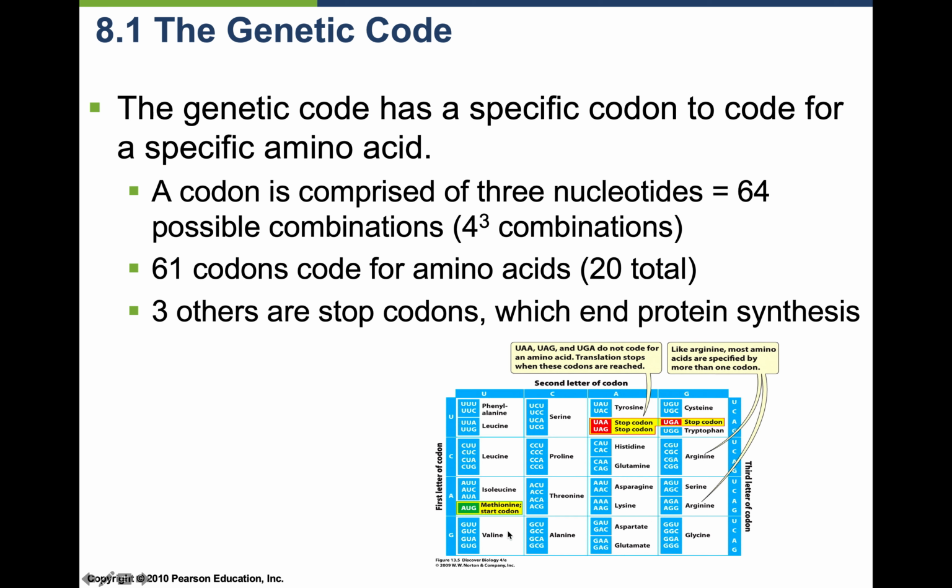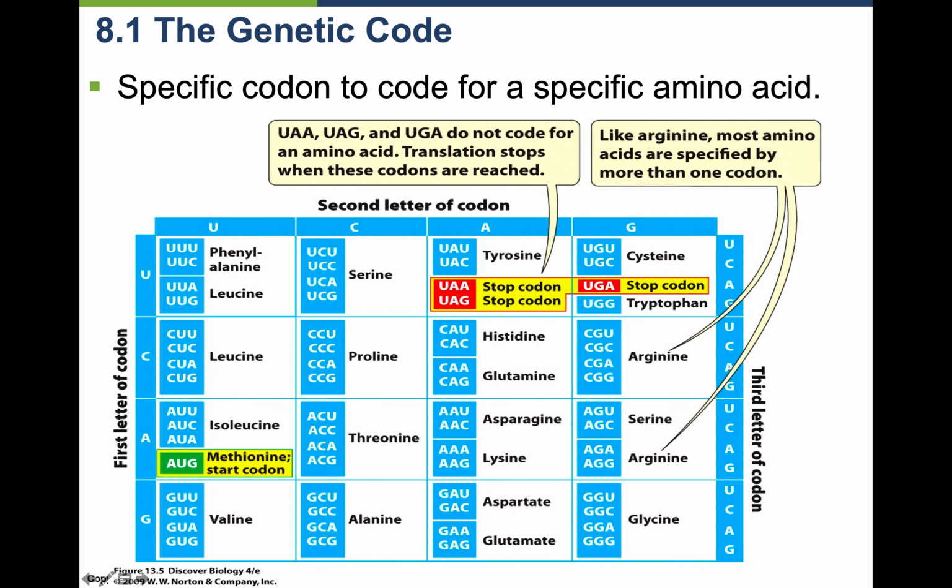And you can look across here and see what makes valine, alanine, proline. And then you have your stop codons here, and then your start codons. So this is where the protein knows to begin to be made. Okay, and as we mentioned, specific codons are going to code for specific amino acids. You can hit the pause button here and spend a lot of time looking at this if you need to.